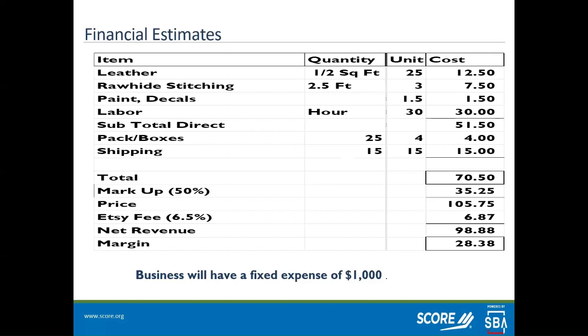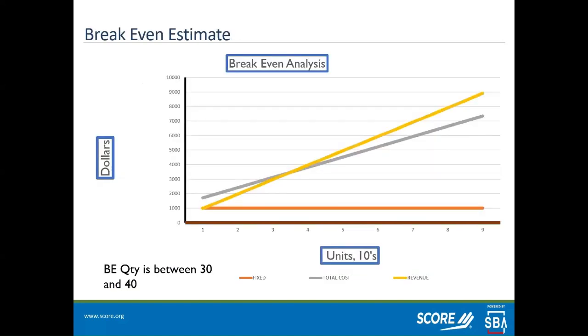And I'm also assuming here that the business will have a fixed cost of $1,000 a month. Next slide, please. Thank you. This is a depiction of my break-even analysis. So you'll see the bar that's running across the bottom there is the fixed cost. That's cost that any business or any project will incur regardless of activity.